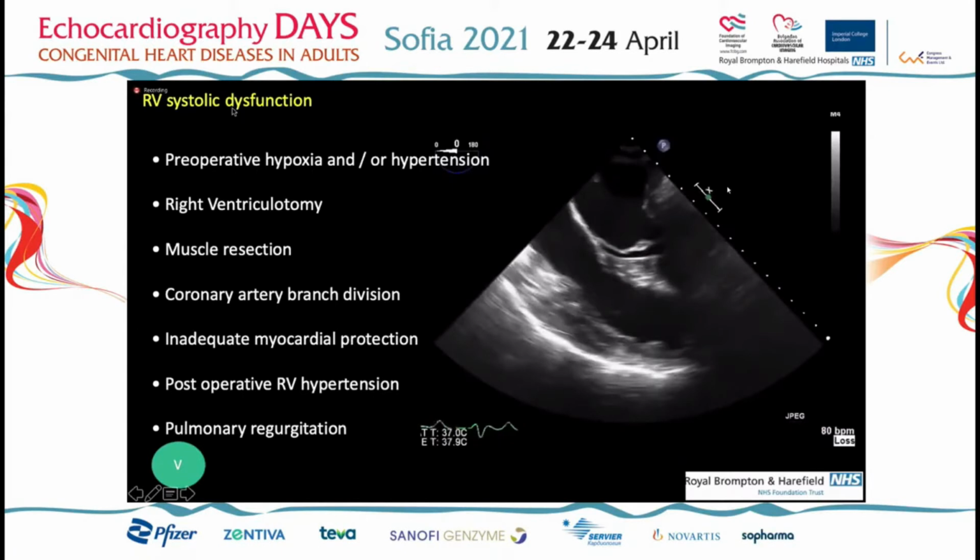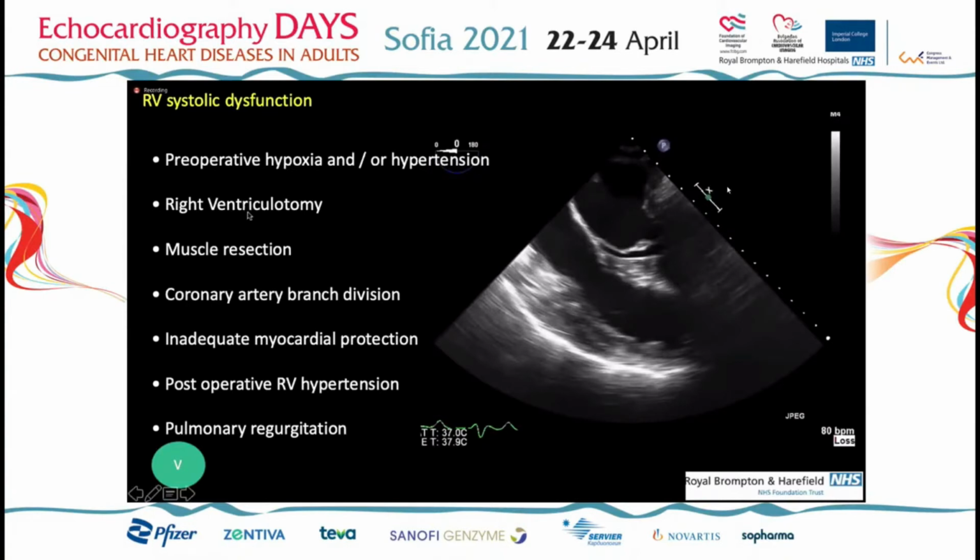And the causes of systolic dysfunction of the ventricle can be multifactorial. So it could be due to the hypoxia, the chronic cyanosis before birth, or before repair, or even the chronic pressure overload before repair.